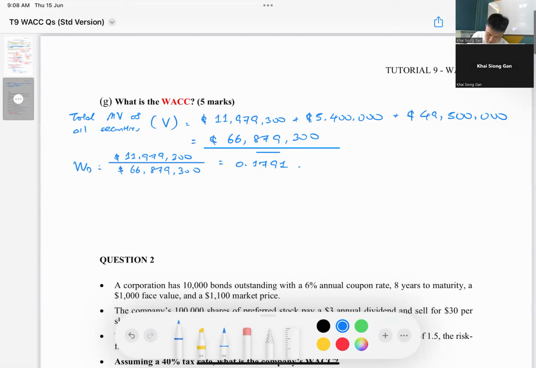Then the weightage of preferred stock, which you calculate and get 0.0807.